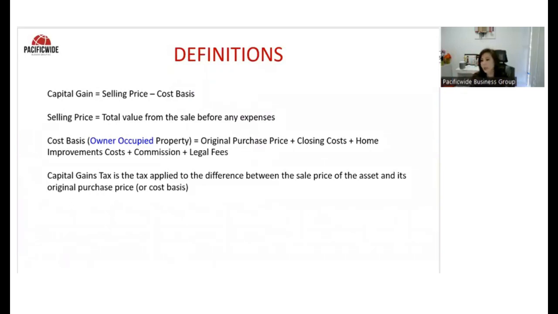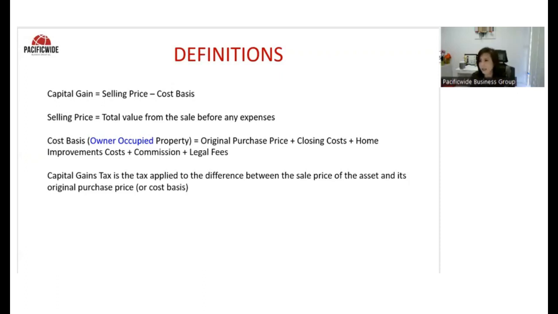So at the beginning, I will just give you some definitions of capital gain. When you own a home for a certain time, like 2 years, 3 years, 5 years, or 10 years, your home value appreciates, right? If you sell your home after many years living in it, of course the home value at the time you sell will be much higher than the home value when you purchased it many years ago.